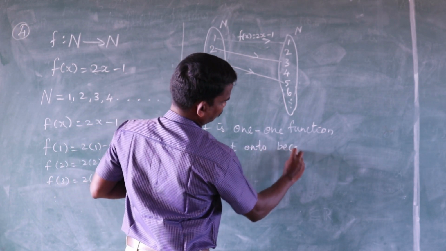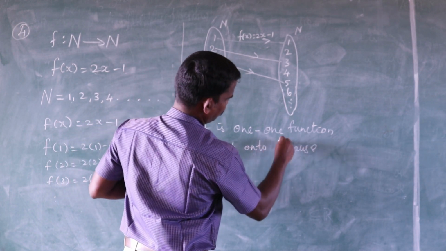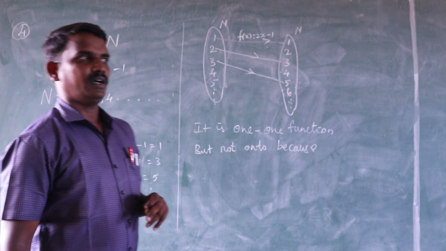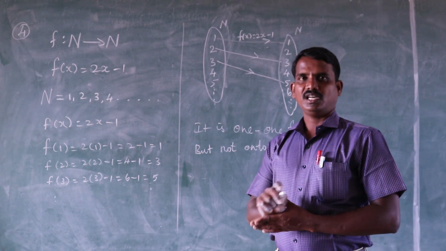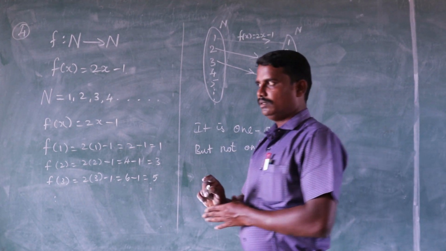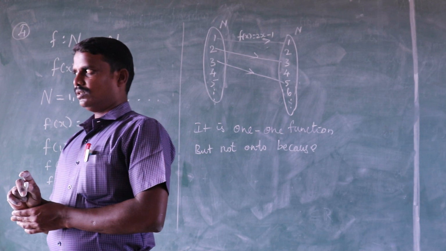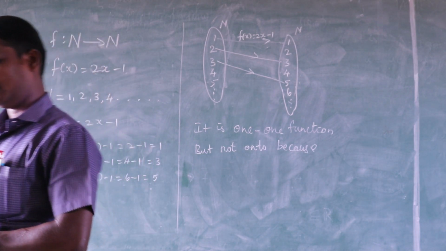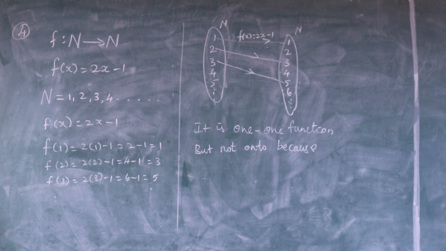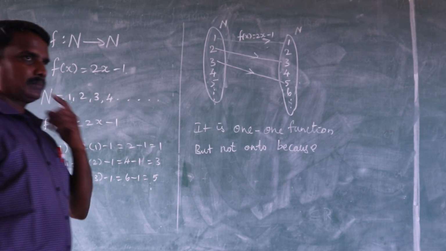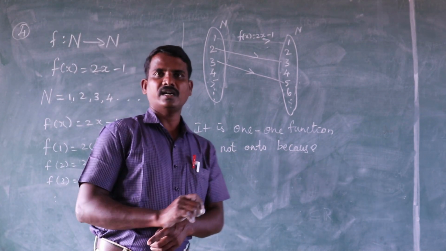because even numbers in the codomain, there is no distinct element in its domain.